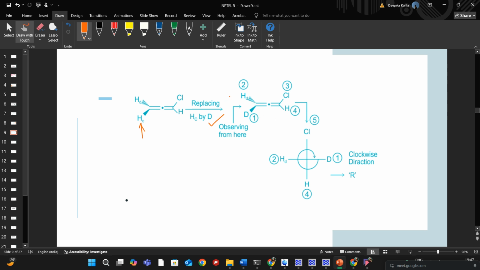For that, we will place our eye here, and it will be priority-wise 1, 2, 3, 4, moving in the clockwise direction, and the absolute configuration will be R upon replacing HC by deuterium.